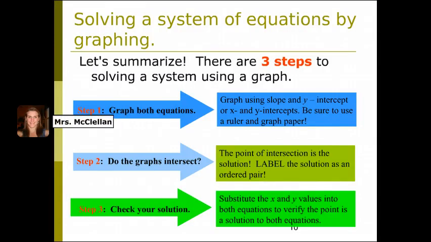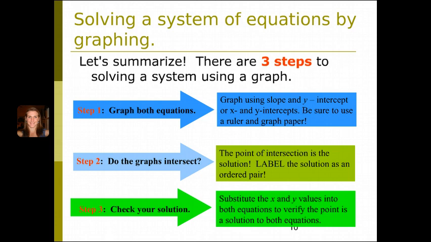Okay, so let's summarize. You have 3 steps when solving a system of equations using a graph. The first thing you need to do is graph both equations. In order to do that, you either need to put the equation in slope-intercept form, or you can use the x and y intercepts.